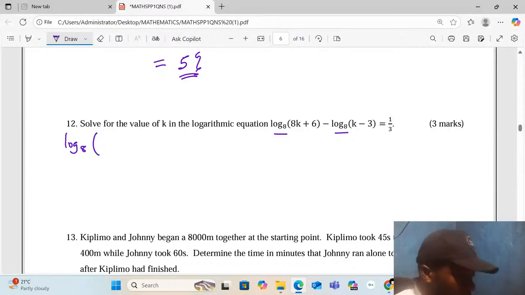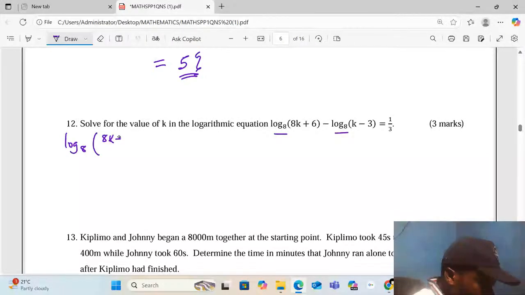We know the rules. That means this is 8k plus 6 divided by k minus 3, which gives us 1 over 3.